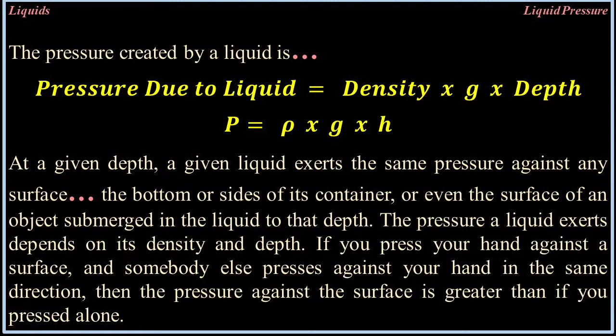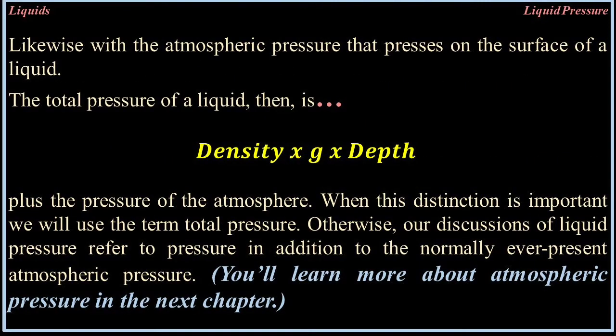If you press your hand against a surface and somebody else presses against your hand in the same direction, then the pressure against the surface is greater than if you pressed alone. Likewise, with the atmospheric pressure that presses on the surface of a liquid, the total pressure of a liquid then is density times g times depth plus the pressure of the atmosphere.